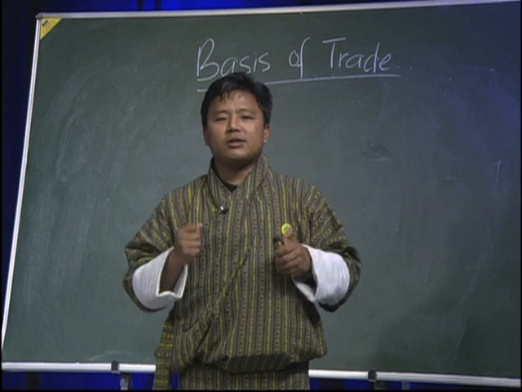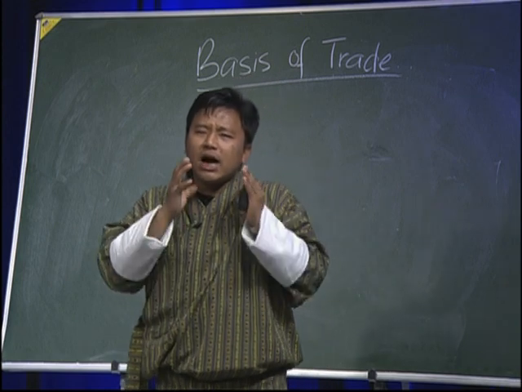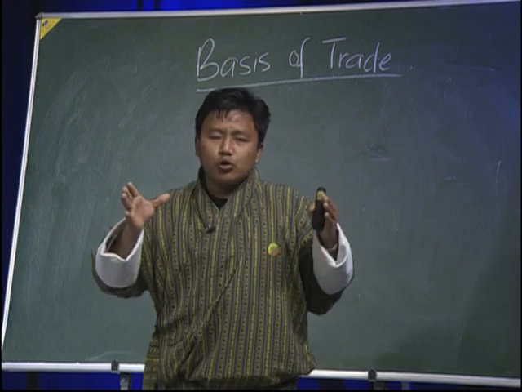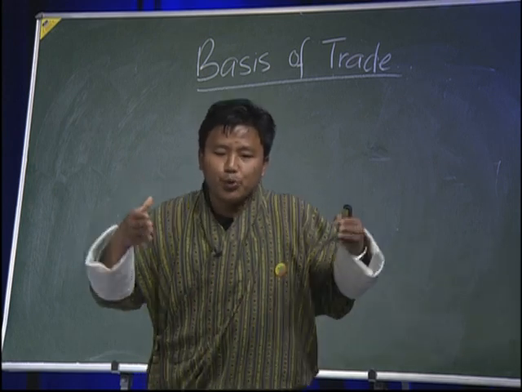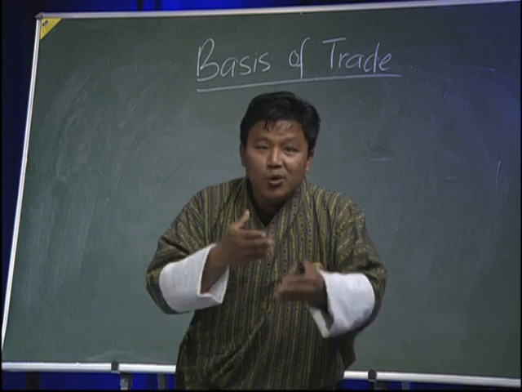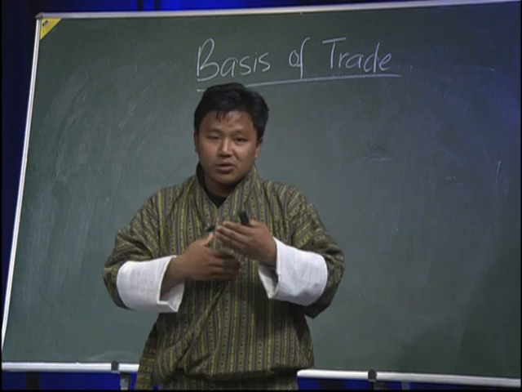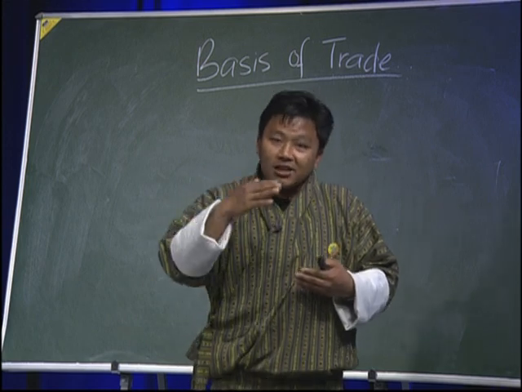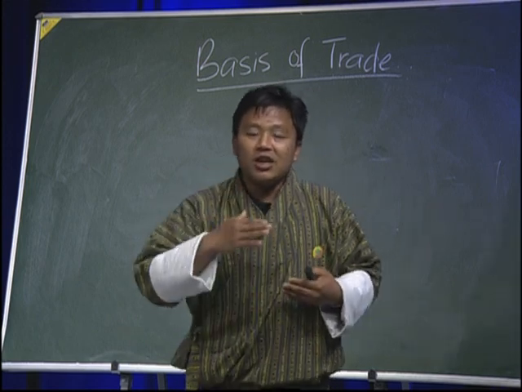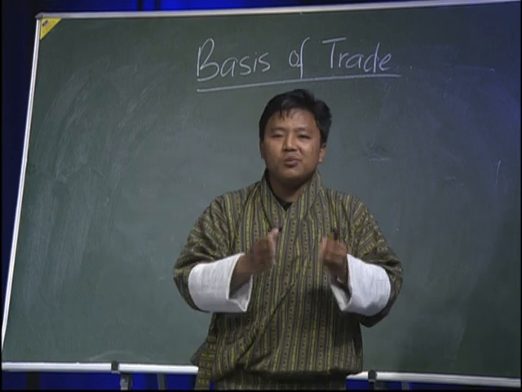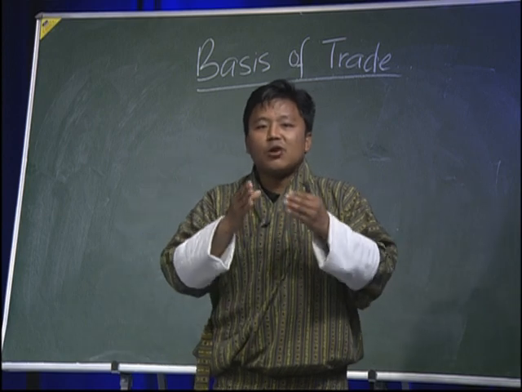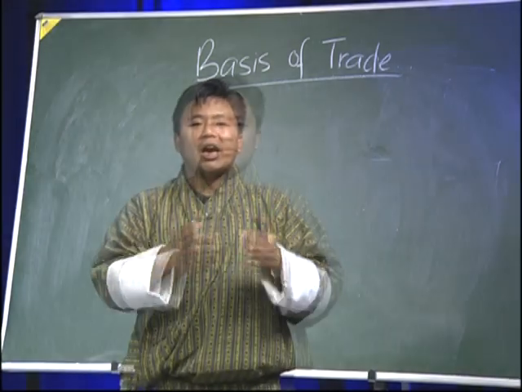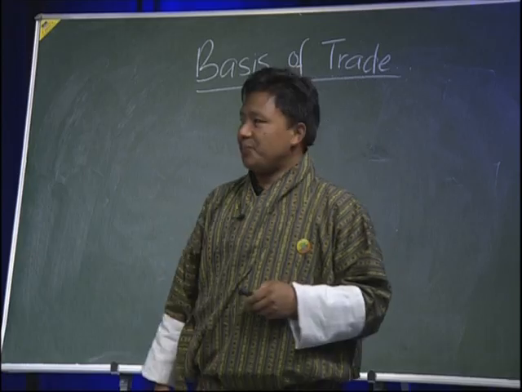Therefore, we have to understand that a country always has an advantage to export, specialize in or produce the commodity which it can produce at lower cost, and imports those commodities for which the cost of production is very high, or where it has an absolute cost disadvantage.